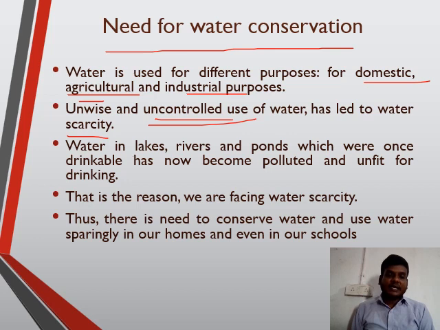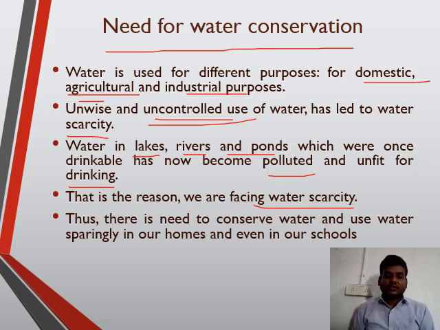The lake, river, and pond water, which were drinkable, have become polluted and unfit to drink. We also drain our wastewater into the rivers, lakes, and ponds. We cannot use this water. That is the reason we are facing water scarcity. This is the main reason.